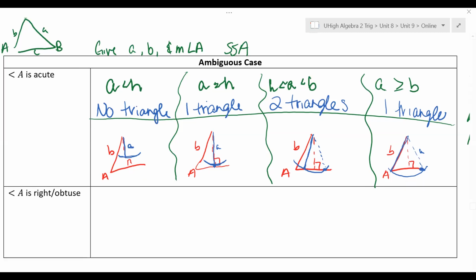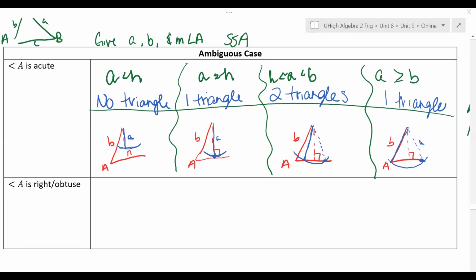Now, what happens when A is right or obtuse? In this scenario, I'm only going to have two different options. If A is less than or equal to my B value, or if A is greater than my B value.